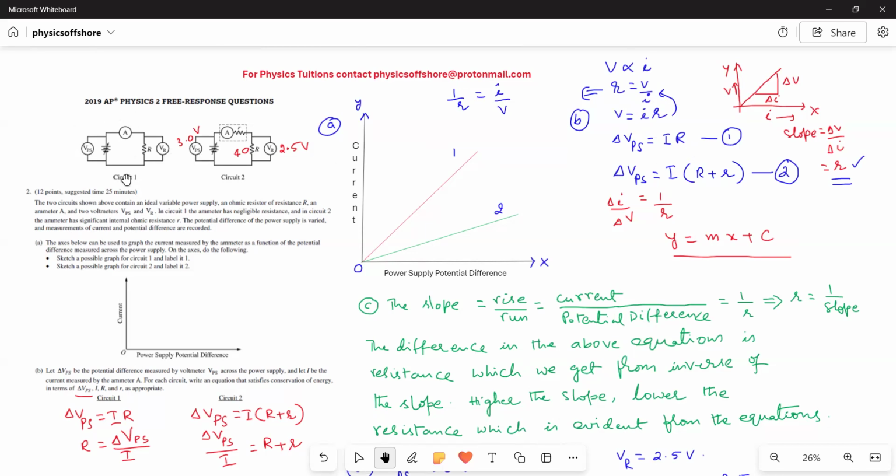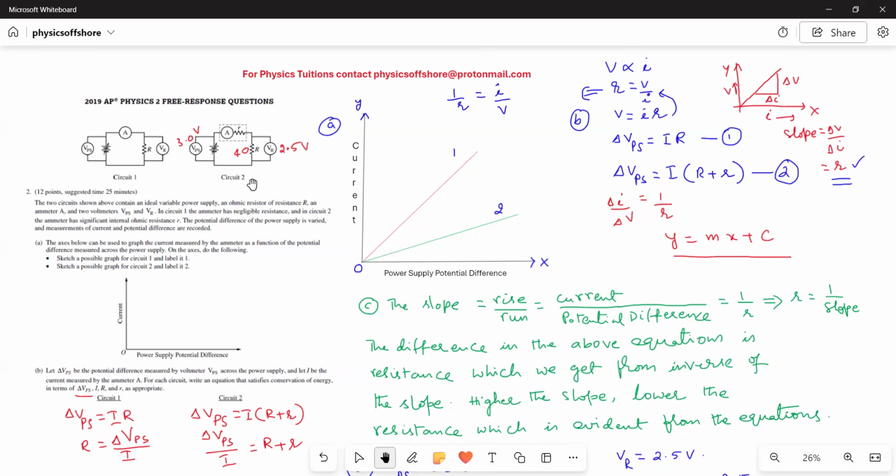For the first circuit, we have only R as the resistance, because the ammeter has negligible resistance. Therefore, delta VPS is equal to IR, or R is equal to delta VPS by I. I used the symbols given in the question to write the equation.